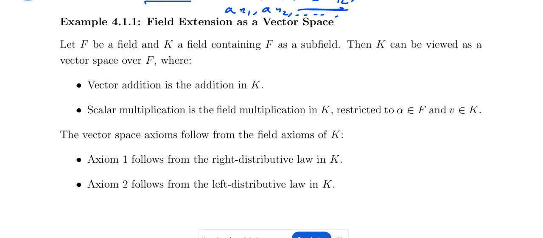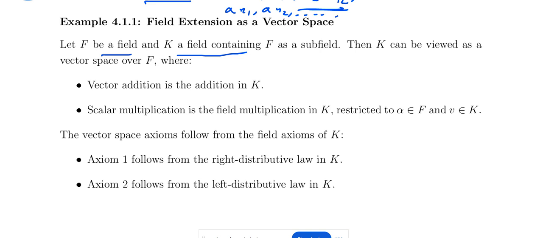The same way, a field extension acts as a vector space. A field extension is a vector space. Let F be a field, and K a field containing F as a subfield.